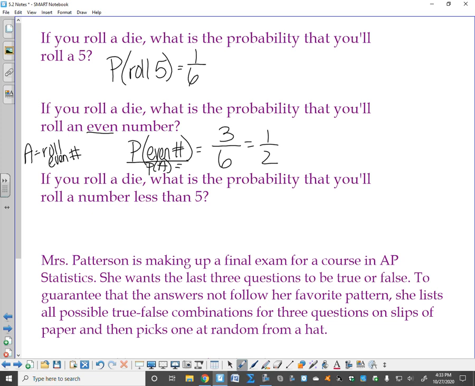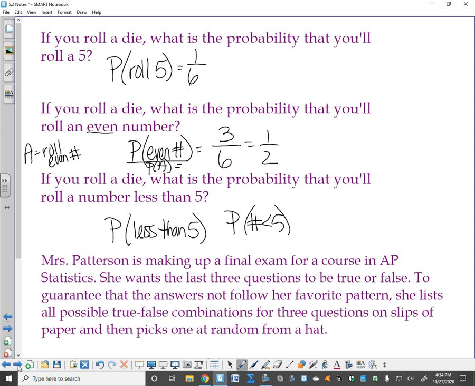If you roll a die, what's the probability that you'll roll a number less than 5? You could do probability number less than 5. You could not use an X because you have not defined what X is, but I can use words.